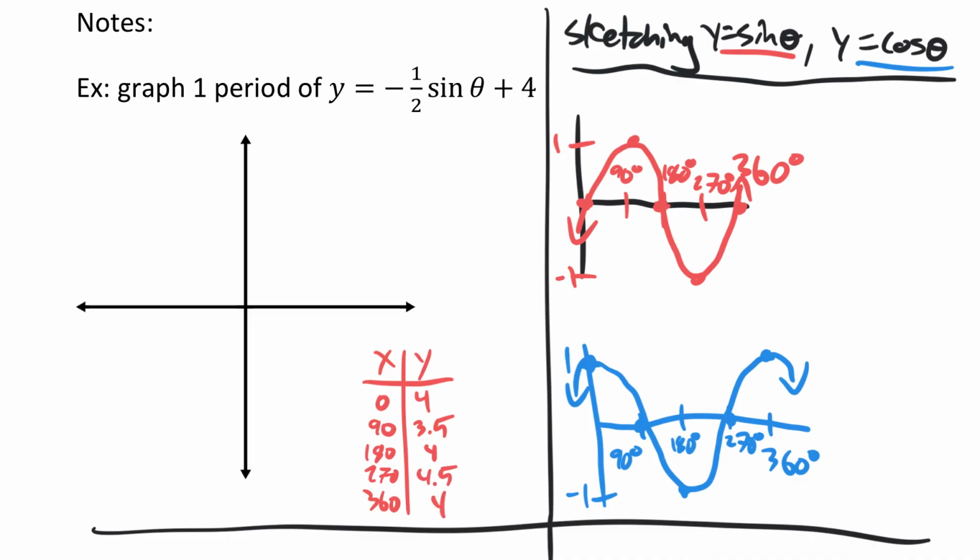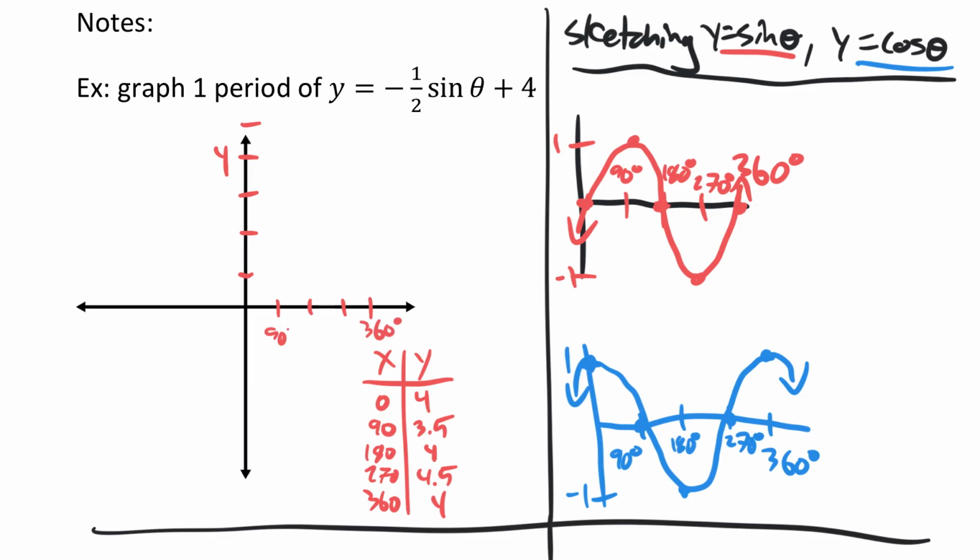Now this is a little tricky to sketch just because the points are really close together. So I'm going to try to go like this, 1, 2, 3, 4, 5, just so we can get a little bit of spread there. And then here we got 1, 2, 3, 4, so this is our 360.